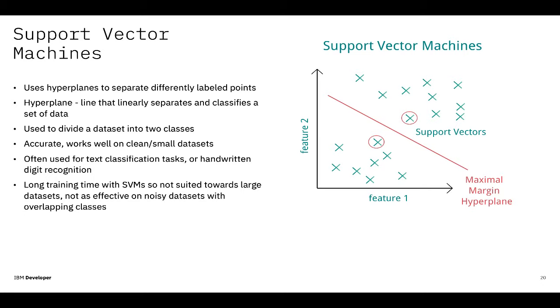Support vector machines traditionally have been used a lot for text classification tasks or even handwritten digit recognition. So something that's important to consider is historical precedence. If over time a certain machine learning algorithm has been popular for a certain task, that might be the best choice on what to use.